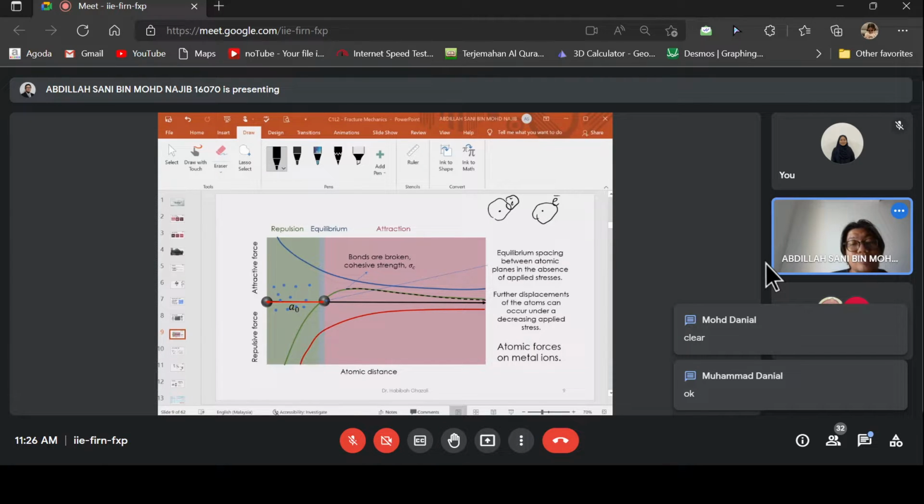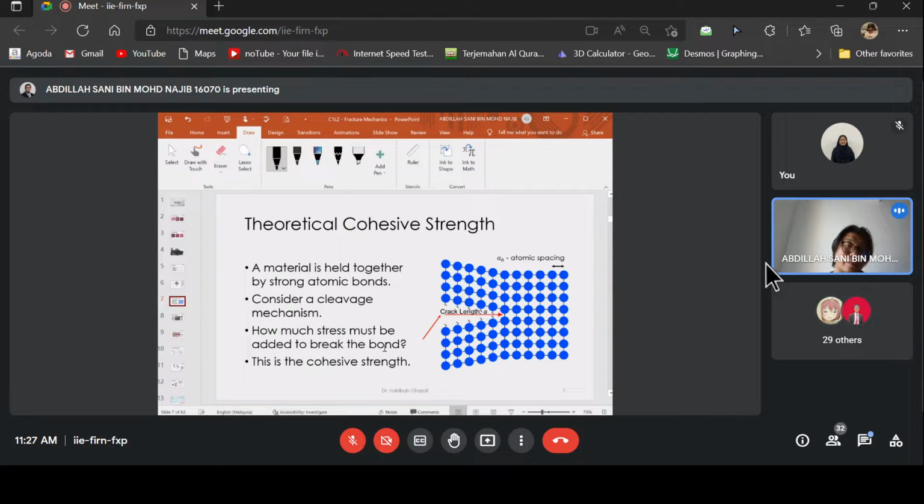A material is held together by strong atomic bonds. Consider a cleavage mechanism: how much stress must be added to break the bond? This is the cohesive strength. Cohesive means sticking together, so it is the strength needed to break that cohesiveness.